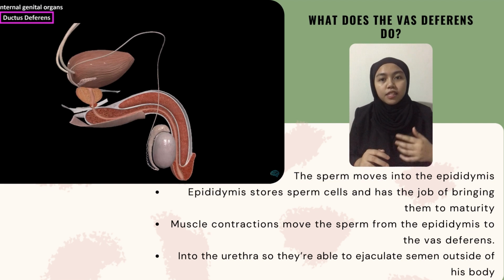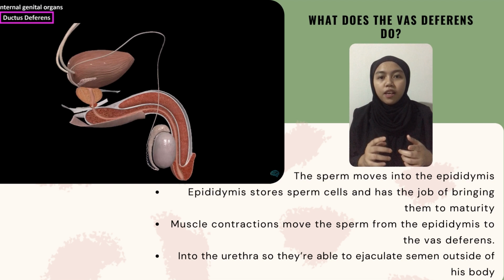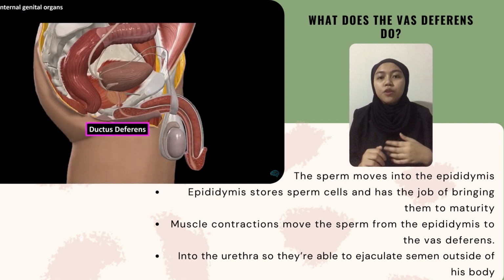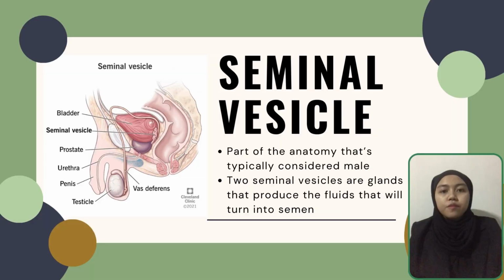When the male is sexually aroused, muscle contractions move the sperm from the epididymis to the vas deferens and from there into the urethra, so they are able to ejaculate the semen outside of his body. During the process, the male body adds secretions to the sperm cells to make semen.